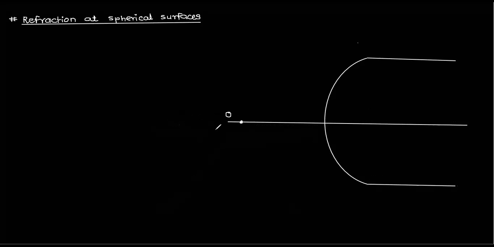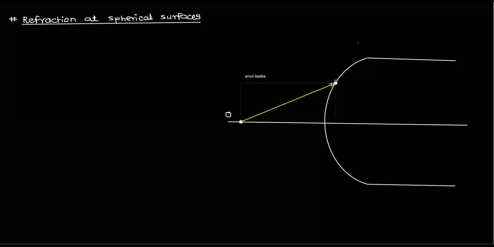Then because of this refraction, what happens? This light will go and fall like this on this curved surface, and after refraction it bends and comes like this from this point. So where the image will form, here you will get the image of this object.